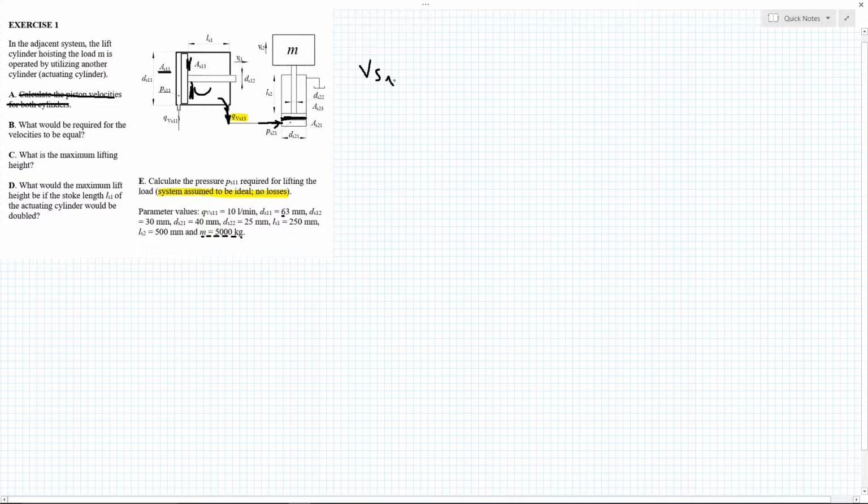So VS1 to be equal to VS2. We know that velocity is equal to flow divided by area. So we're going to write the first velocity. Velocity number 1 is the flow QVS13, the flow exiting the cylinder 1, divided by the ring area, the back of the piston area.